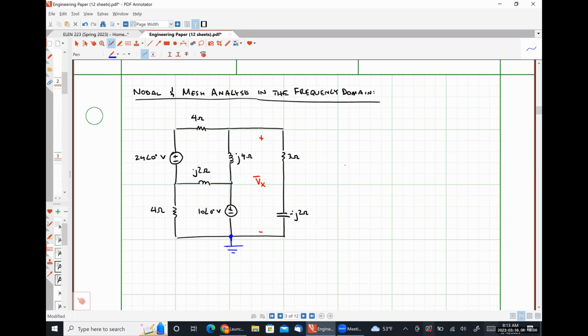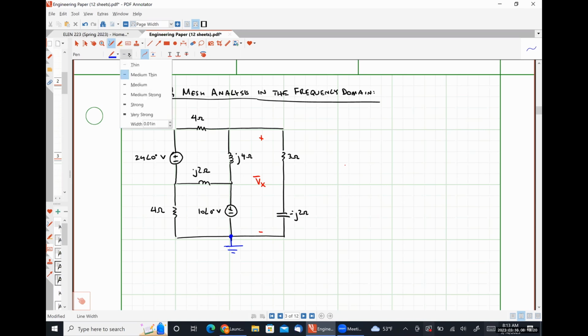What do I need to do next? Use Kirchhoff's current law, sure. But I would argue my next step should be to identify and label my different nodes so I know where I'm going to apply Kirchhoff's current law and all that kind of good stuff.